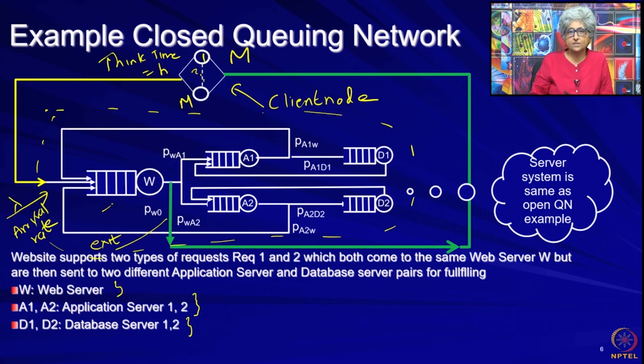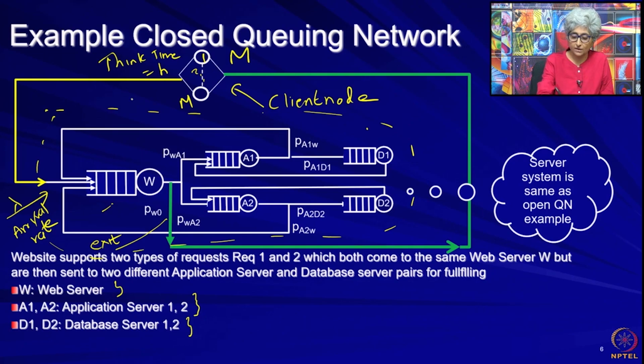The reason why we sometimes choose to represent a system as a closed queuing network was covered when we talked about closed queuing systems. Basically, if the number of users of this system is small, not like 10,000 or 20,000, and the think time is also small.